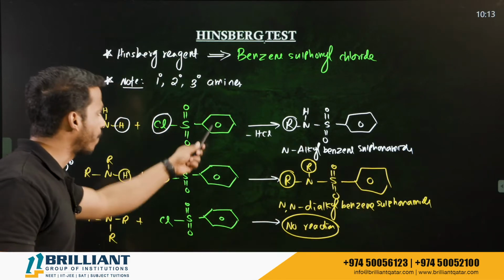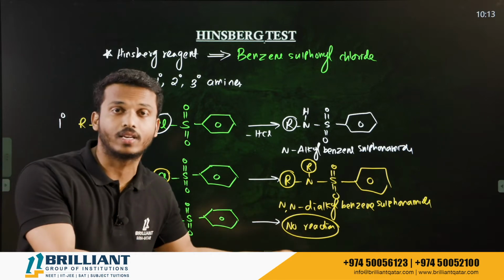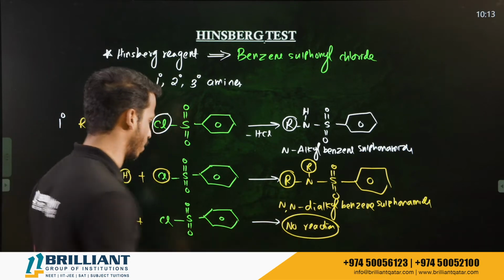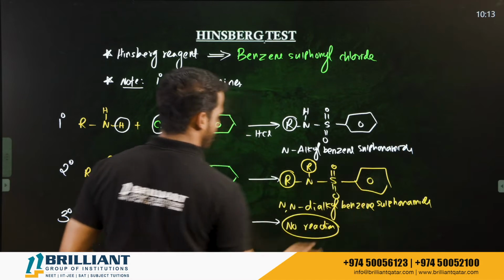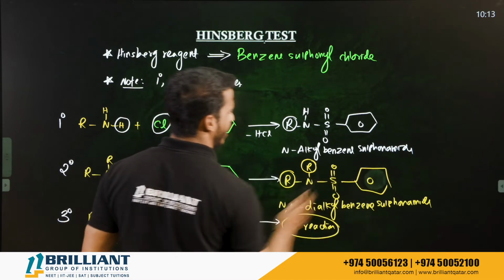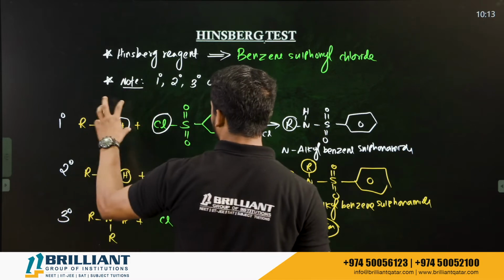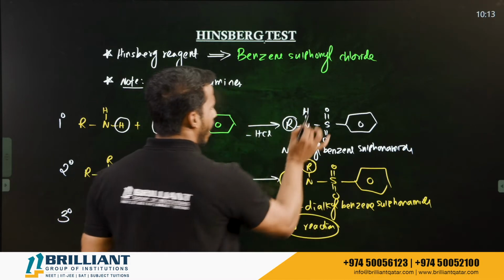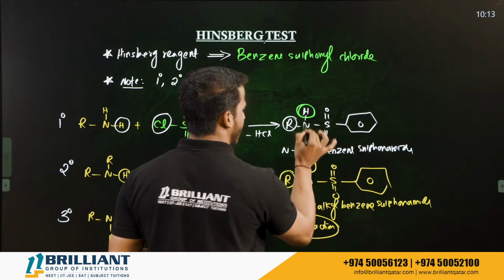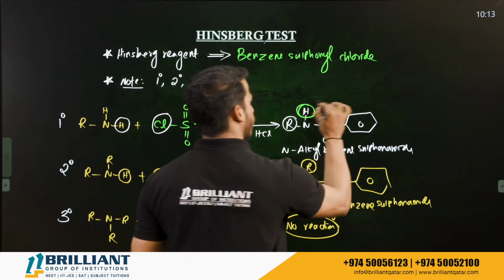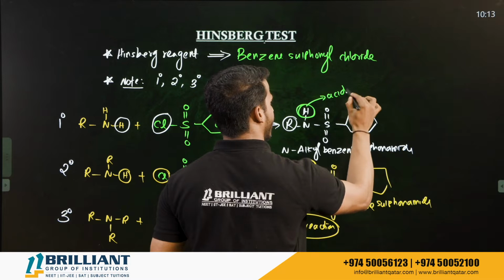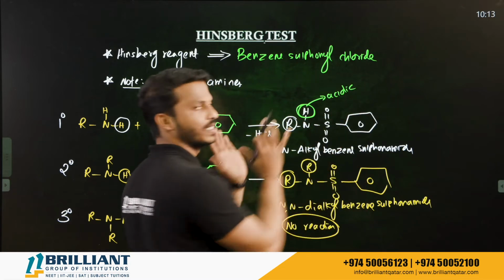Then, what about primary and secondary? Both are reacting. How can we identify them? Simple, dear all. In the first case, the primary amine reacted product has one hydrogen on this nitrogen, right? This hydrogen is acidic in nature, so overall the compound is acidic.